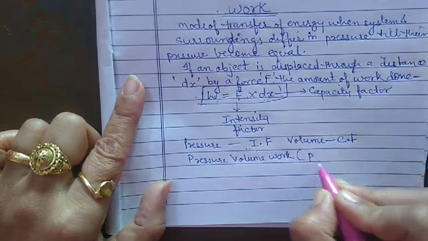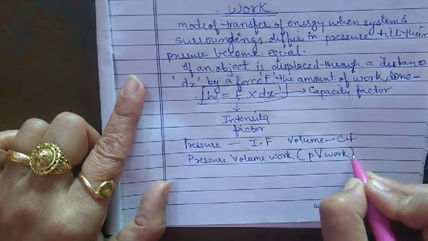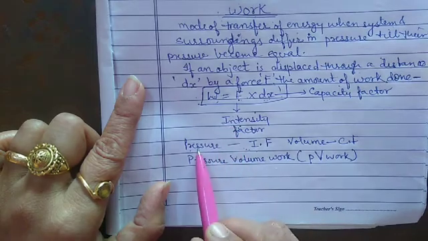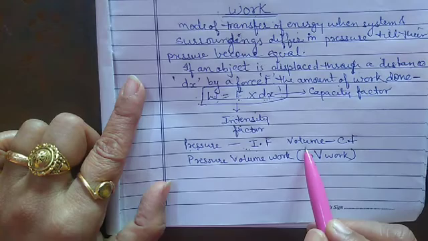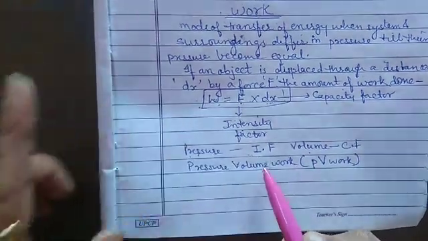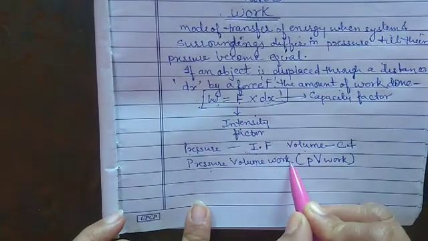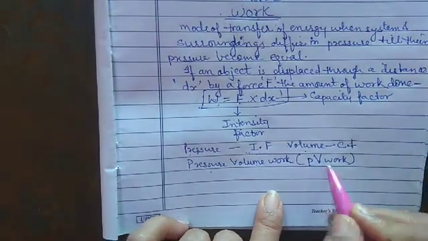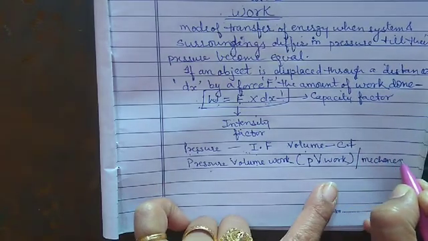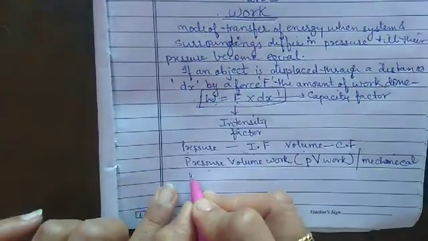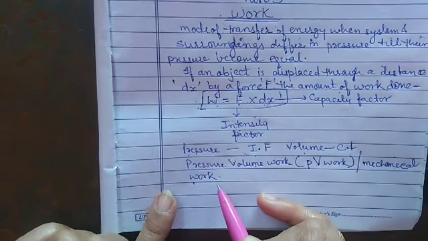P stands for pressure, V stands for volume. If the intensity factor is pressure and the capacity factor is volume, at that time the work is said to be pressure volume work, designated by PV work, or it is called mechanical work.